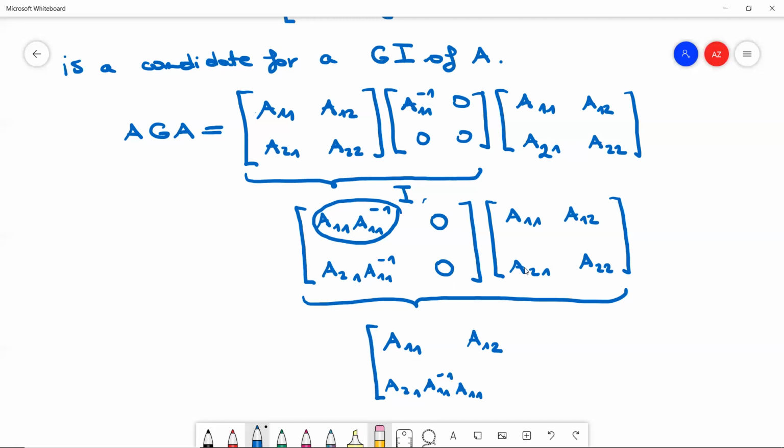Okay, let me write this A12 a little bit more to the right side. Okay, and then second row and second column, what we get is A21 A11 inverse A12.